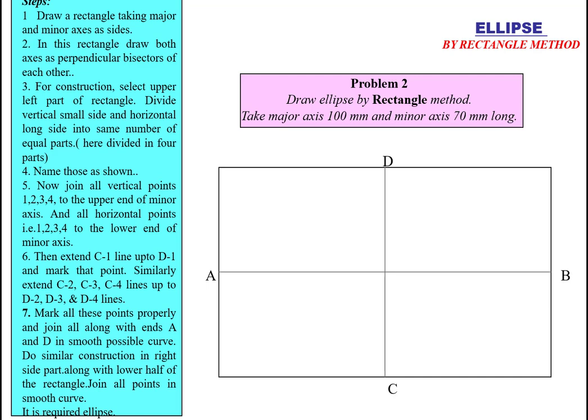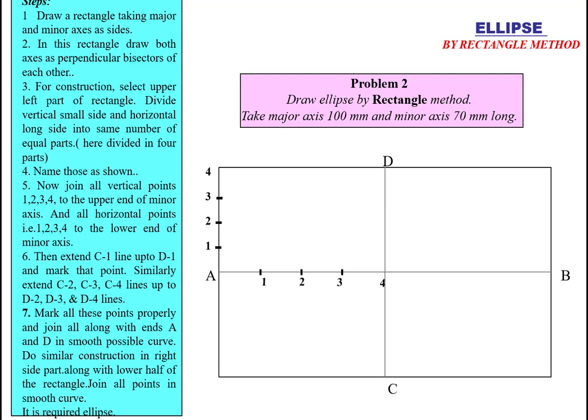Now divide the 35 mm line segment which passes through A in 4 equal parts. Name them 1, 2, 3, 4. And the horizontal line segment from A is also divided in 4 equal parts, 1, 2, 3, 4.